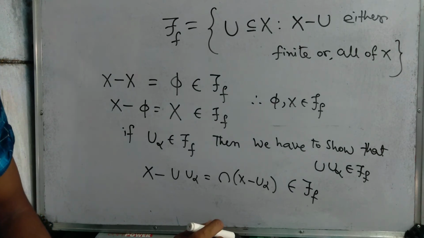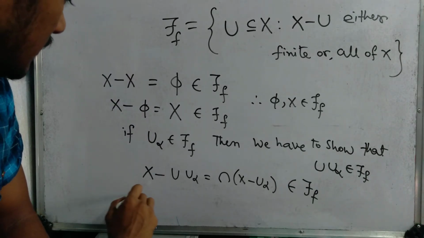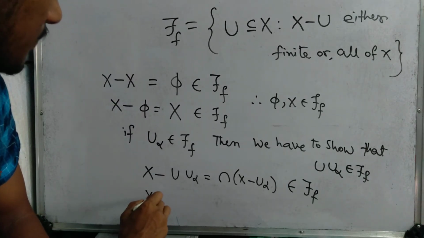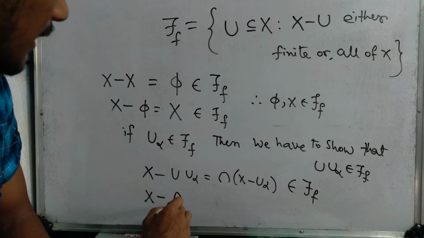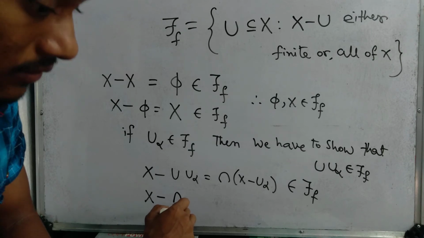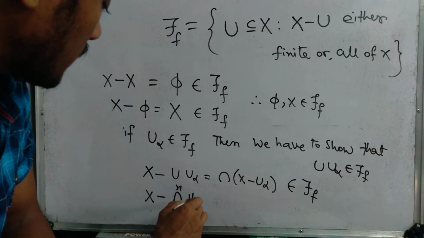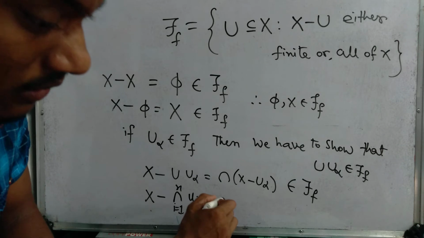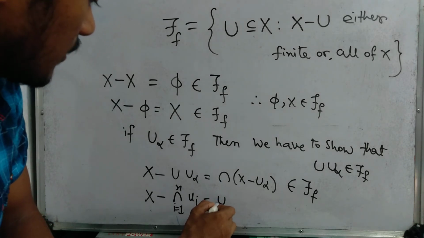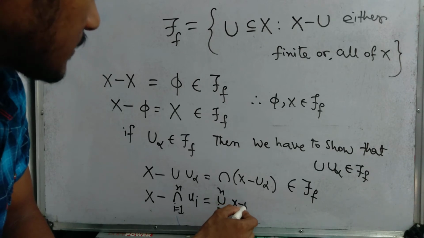Again we construct X minus the finite intersection of U i, which equals the finite union of X difference U i.